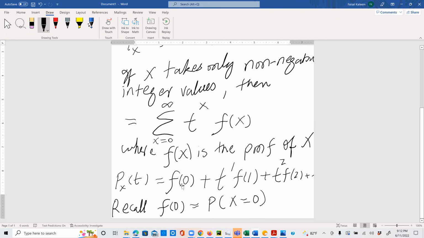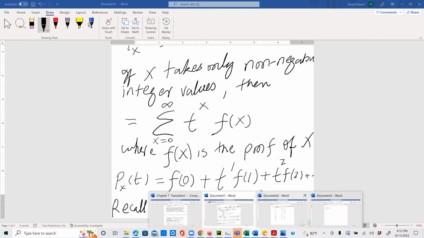It was f of 0 plus t f of 1 plus t squared f of 2. So in this case, let's call the probability function of Y as g. So it would be g of 0 plus t g of 1 plus t squared g of 2 and so on.